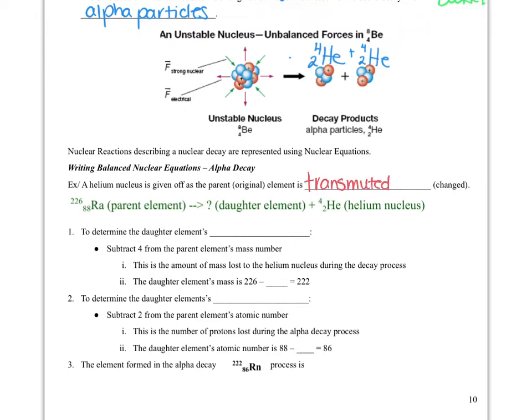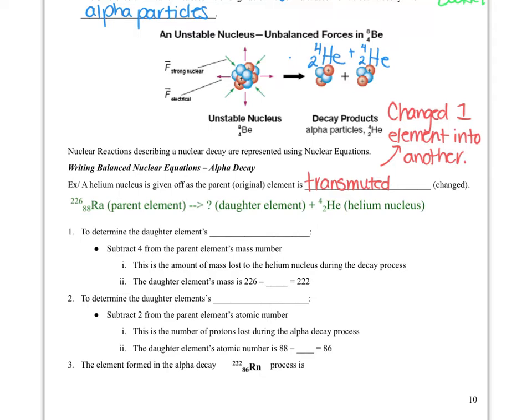Now, transmuted simply means that we have changed one element into another. So something the alchemists were always trying to do way back in the Middle Ages, they were trying to create gold from other elements.